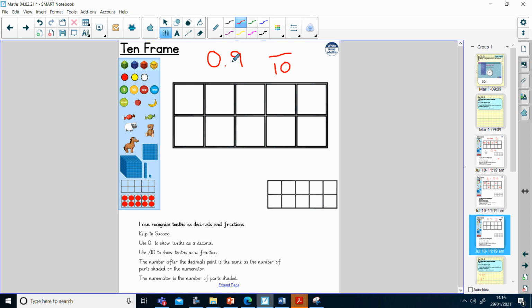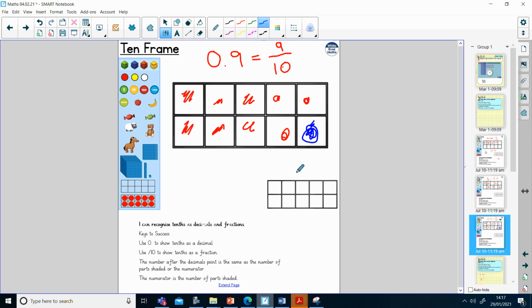So I'm shading 9. 1, 2, 3, 4, 5, 6, 7, 8, 9. So 9 parts out of 10 are shaded. 0.9 is equal to 9 tenths.